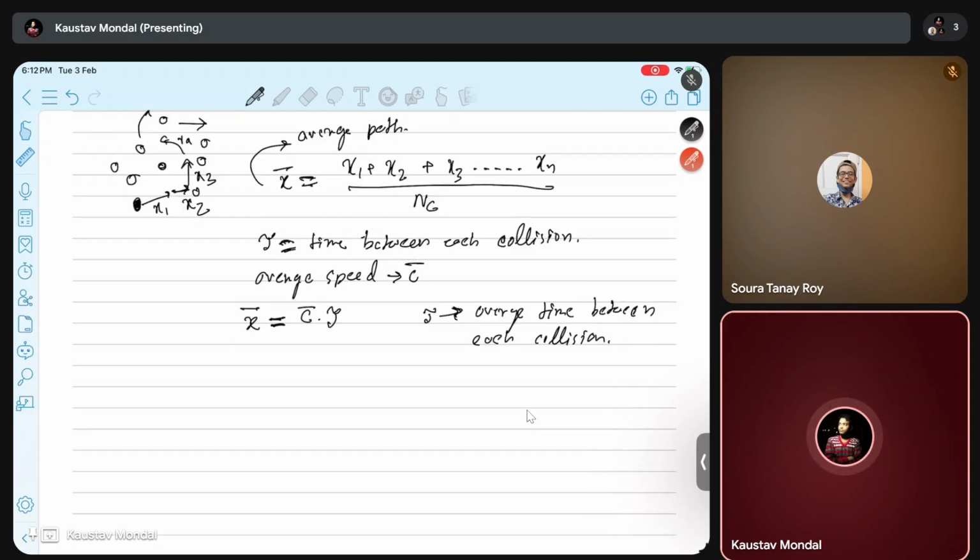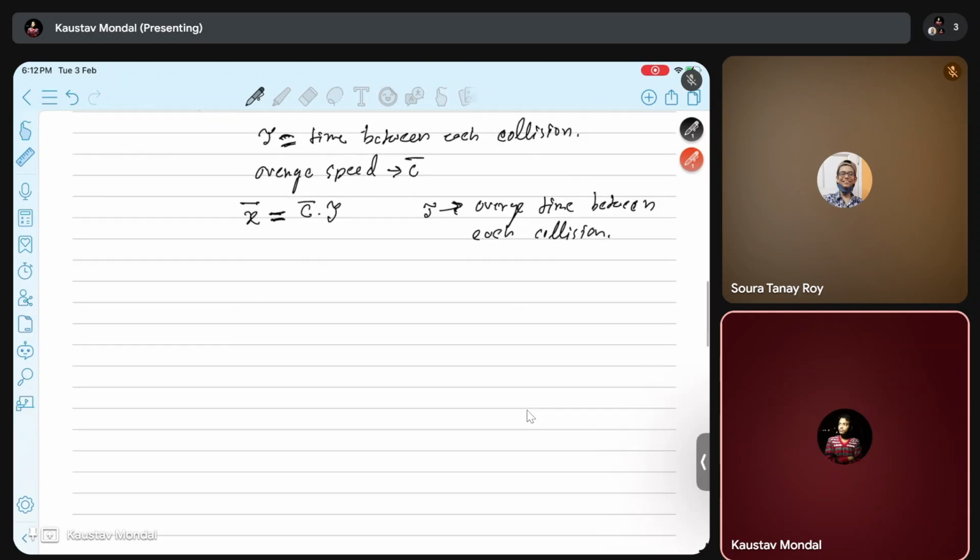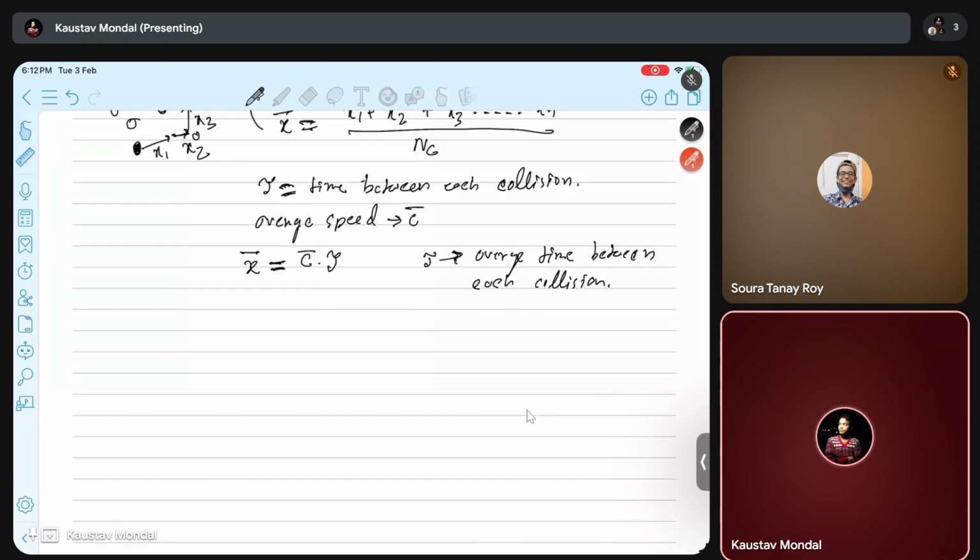But suppose in a gas assembly there are many molecules, n numbers of molecules. Calculating individually for each molecule is not possible. So for that we have to use a statistical approach.